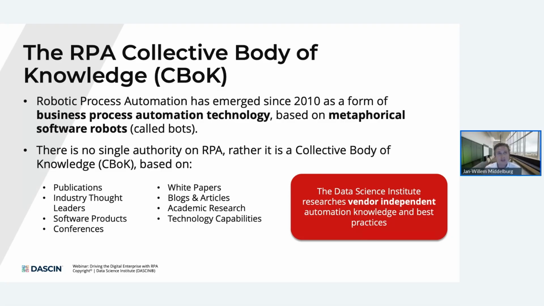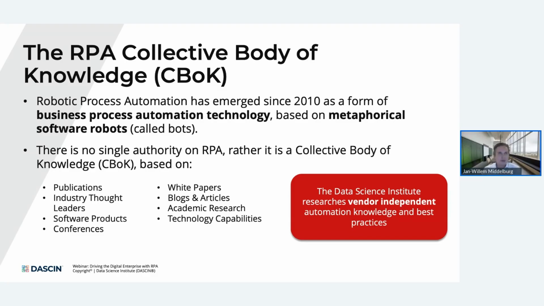Now, before we get started, it's also important to note that there's no single authority when it comes to RPA or automation. We generally like to say that the whole RPA domain consists of a collective body of knowledge. What we mean by that is that it's a domain that has evolved through many different stakeholders, people, researchers, companies, universities, and key authority leaders within that field.